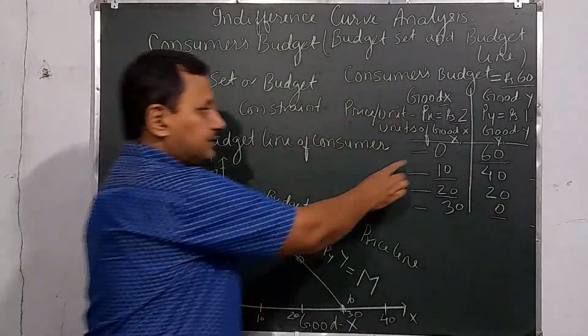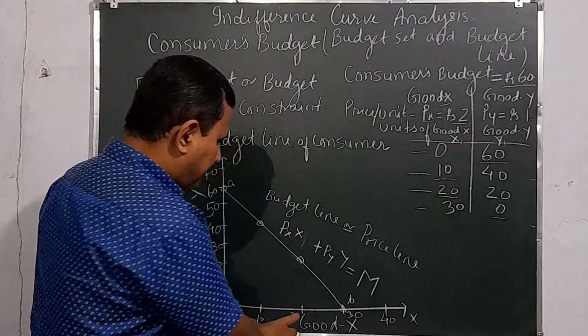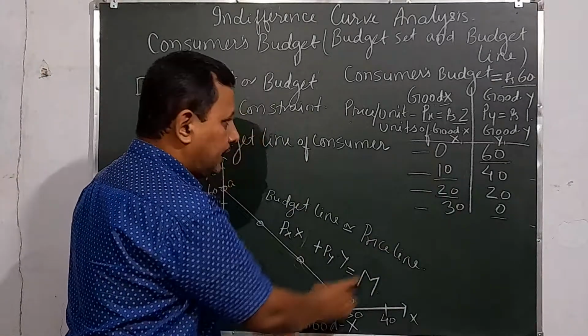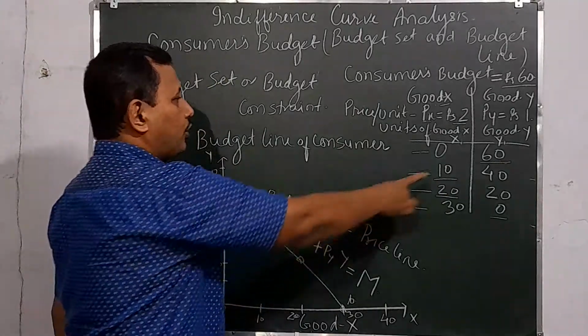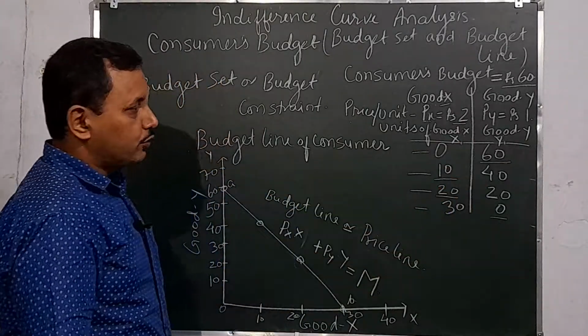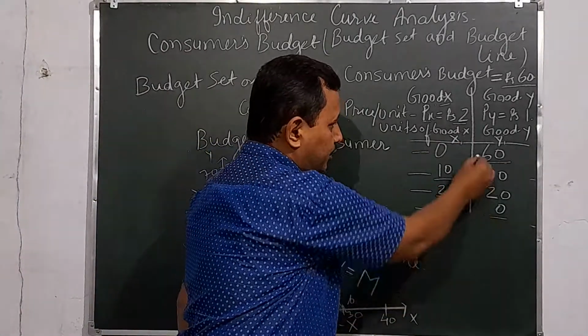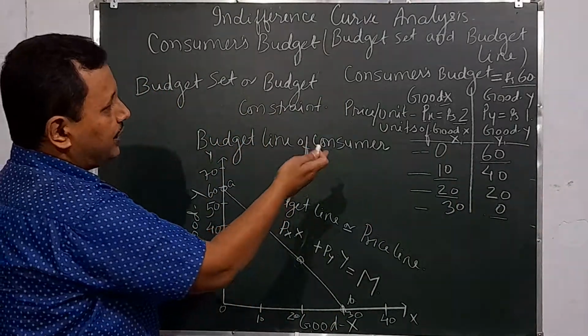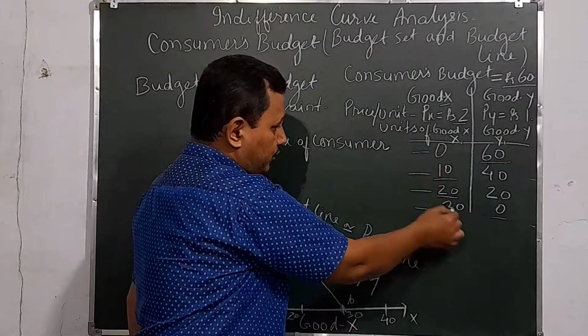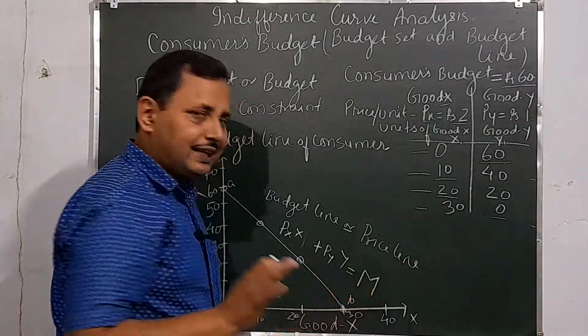I have taken the scale on each axis according to the quantity of the good. The quantity of good Y varies from 0 to 60, so I have taken a scale of 0 to 70, and the quantity of good X varies from 0 to 30, so I have taken a scale accordingly.